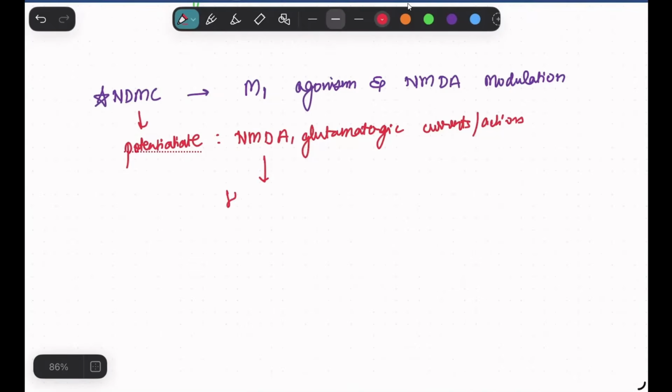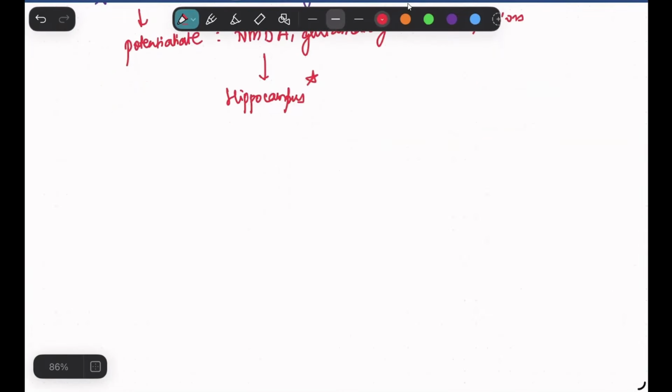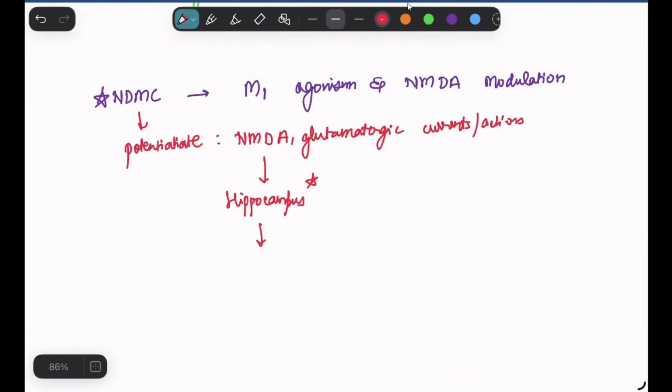Where does it potentiate? It mainly potentiates in the hippocampus. This is important. And what does it do? What is actually potentiating the NMDA action?